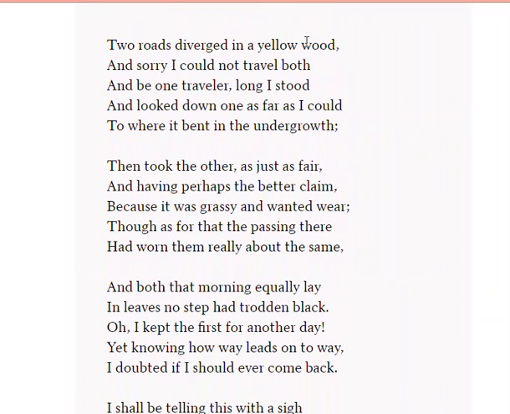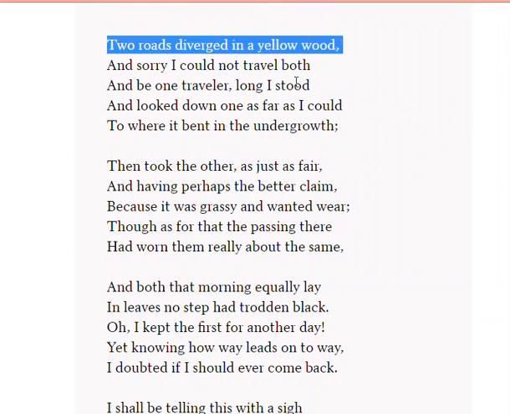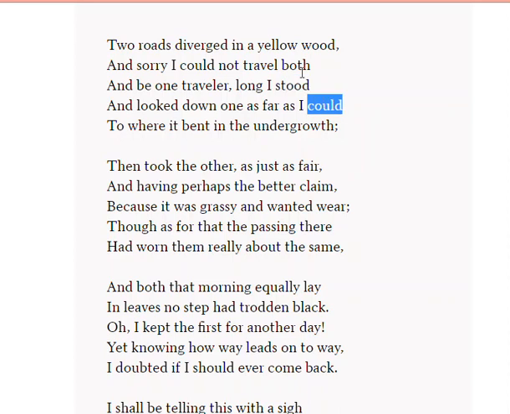The other thing that he does that is a little bit more traditional, as opposed to some of the spoken word poems that you're going to be reading later on, he has a rhyme scheme. So we have wood, which rhymes with stood and could. Both and undergrowth are kind of near rhymes. Fair, where, and there, rhyming. Claim and same. Lay and day and way. And black and back. And that rhyme scheme is the same throughout.